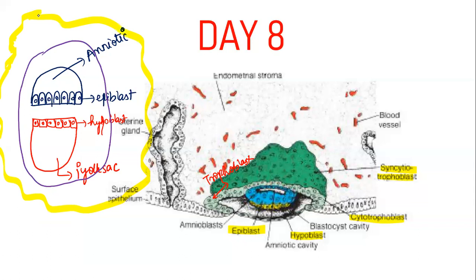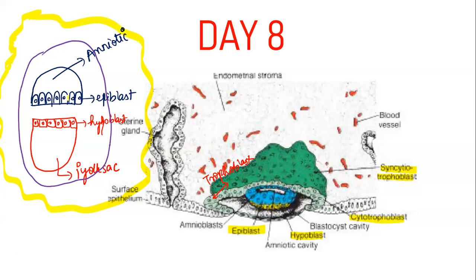Differentiation of the trophoblast into syncytiotrophoblast and cytotrophoblast, wherein syncytiotrophoblast is going to be irregular in margin, and syncytium means what? It is made up of many nuclei. So syncytiotrophoblast is made up of many nuclei and has an irregular margin, as the cytotrophoblast is well differentiated. I mean, it has a single nucleus and a definitive margin.